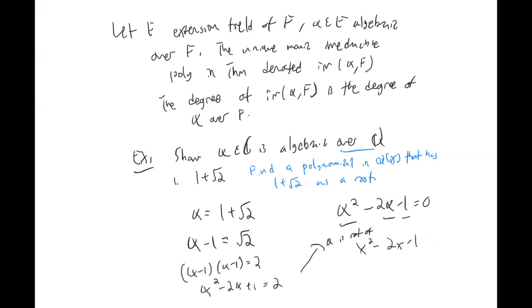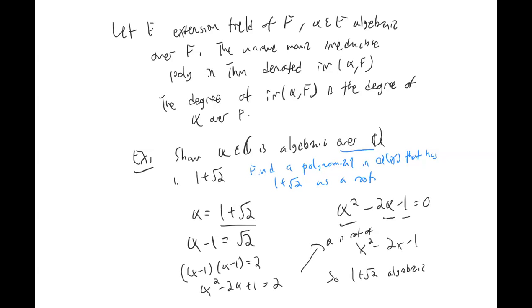But alpha was just this element. Alpha was 1 plus root 2. So 1 plus root 2 is algebraic. Is everyone clear on this? From the lack of response, it seems it's confusing.